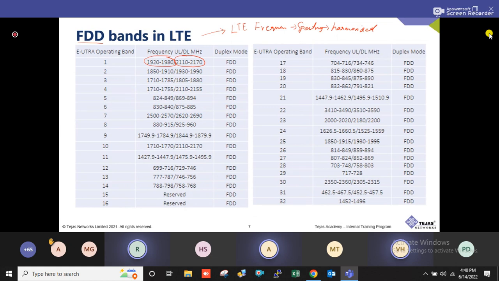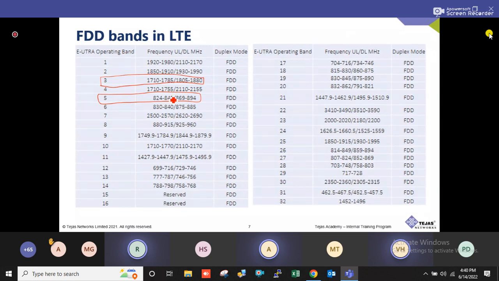Typically, in Jio, we could see they were using 3 different bands. That was band 3, band 5, and there was one more band in TDD. I'll come to that. So in FDD, we were using band 3 and band 5.